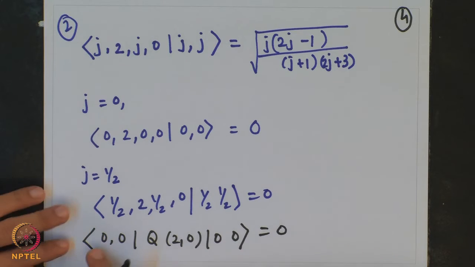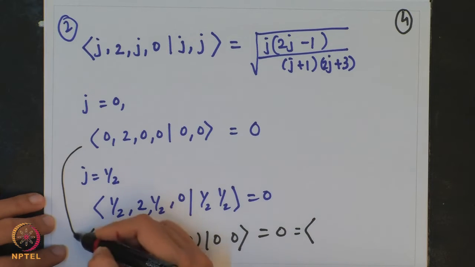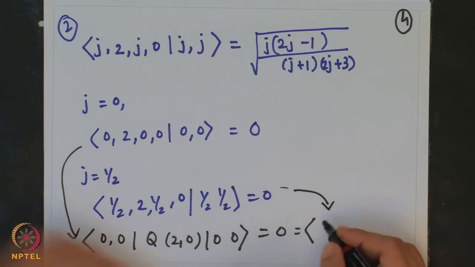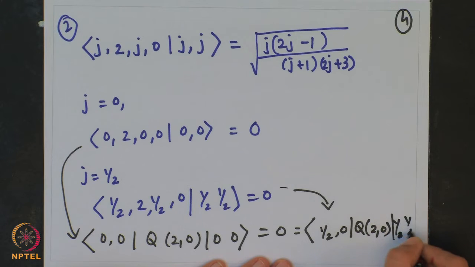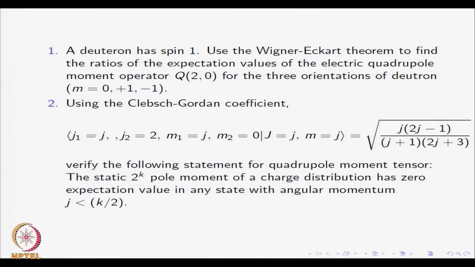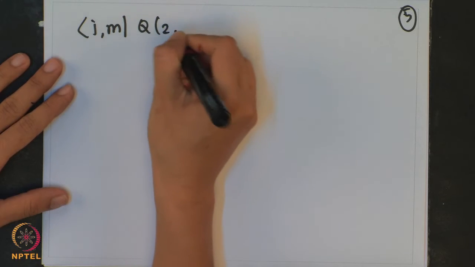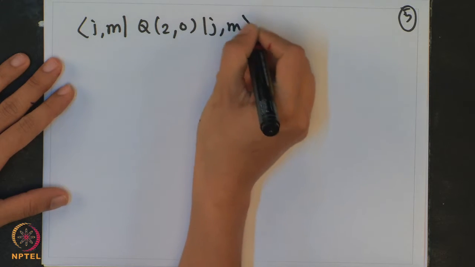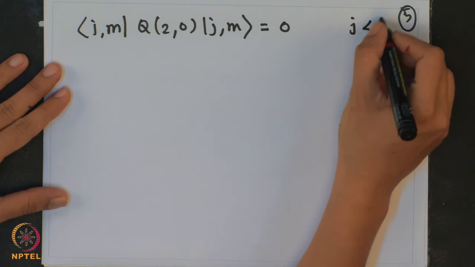This term is 0, and another term is 0, which is the first term, and this will correspond to this, that is I will have here half 0 q 2 comma 0 half half. So, in general I can write this as j comma m q 2 comma 0 j comma m is 0 when j is less than k by 2.